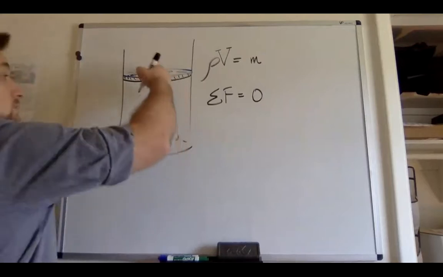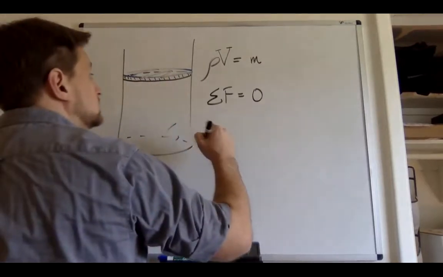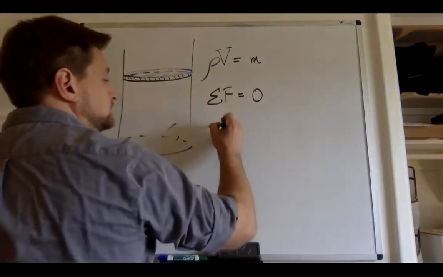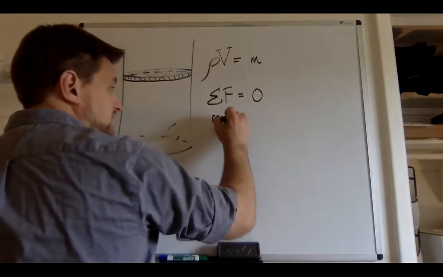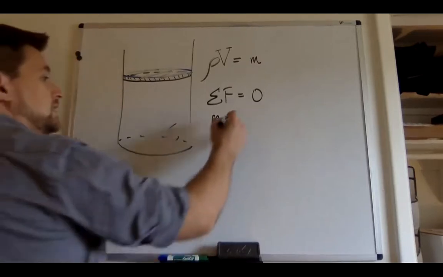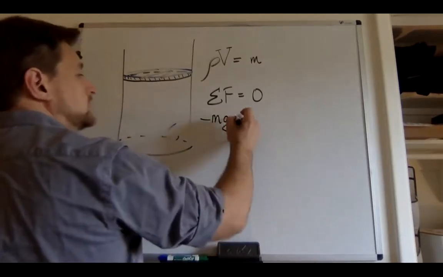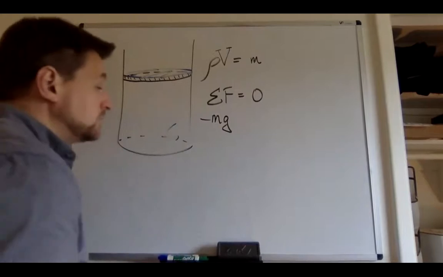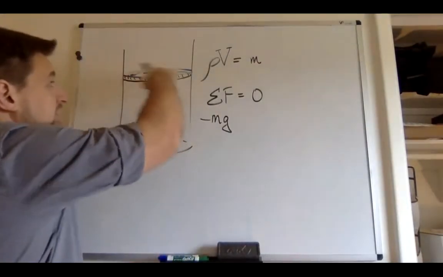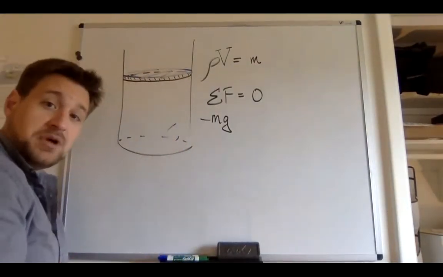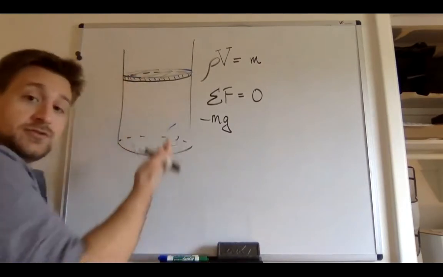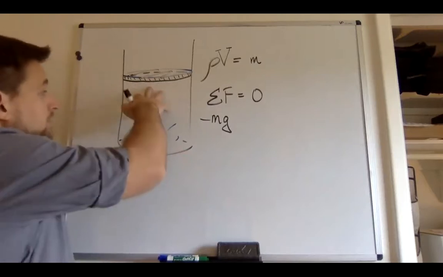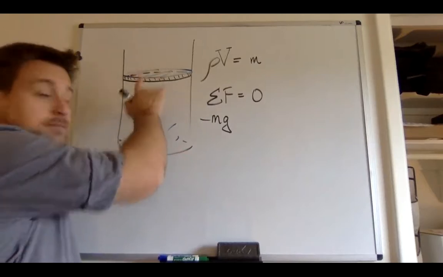There is gravity, its mass times g, and that's down. And there must be, because we know that gravity acts on this much fluid, another force holding it up. And it's the combined force of the pressure from the rest of the fluid pushing up.